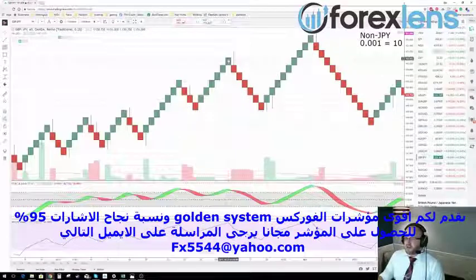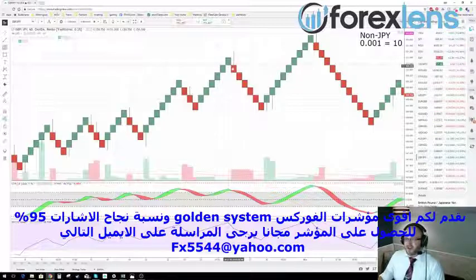Price closed up here at 151.0. That means if price got up there, then it has to travel 25 pips and then a further 25, so 50 pips down to form this Renko brick right here.